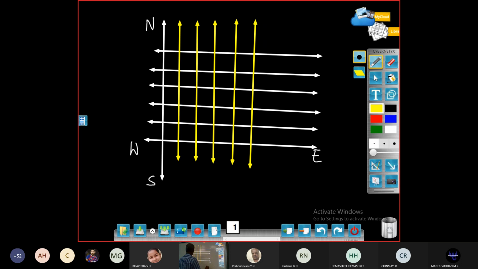So I will call this as street 1, street 2, street 3, street 4, then the last one is street 5. These streets are parallel to east-west. Now another 5 streets are there. They are parallel to north-south. This is street 1.